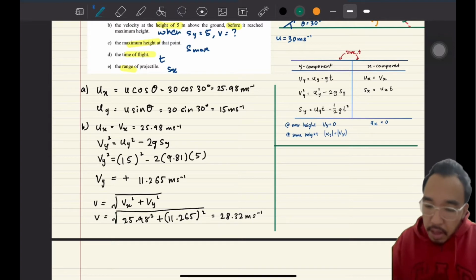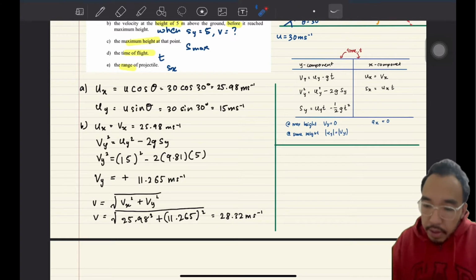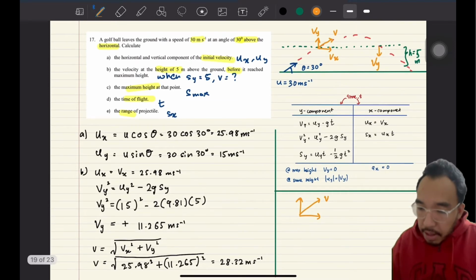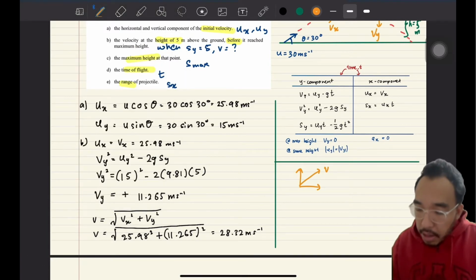So, direction: you can always redraw the vector. These are the two vector components that we calculated, 11.265 and 25.98. That means the vector here is pointing upwards and to the right. So this is your V. Same with this diagram over here, just redraw. This one is your theta, this is your Vx, this is your Vy.